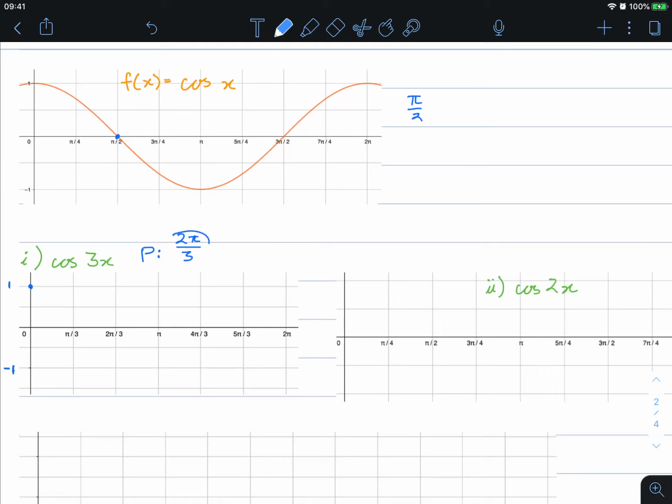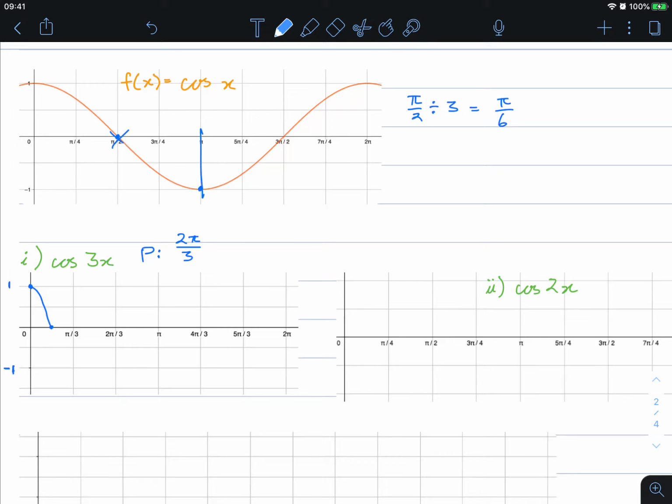And much like here, how we divided by this coefficient, we're going to divide by 3, which will become pi on 6. Pi on 6 is actually halfway between 0 and pi on 3. So it should already look something like this. That's this point done.